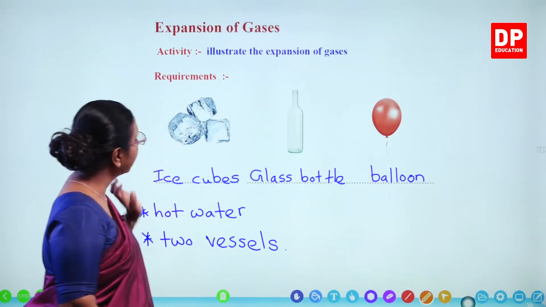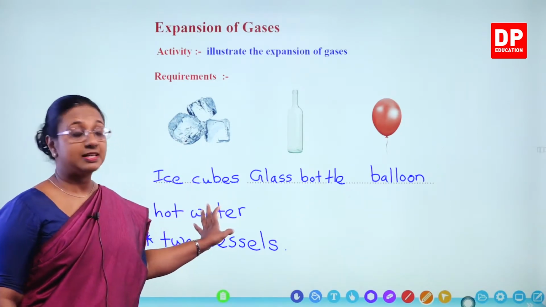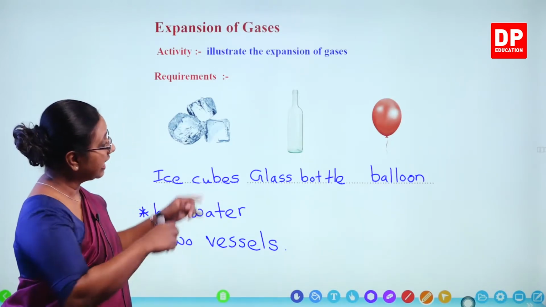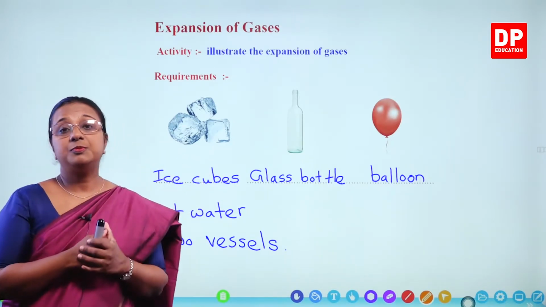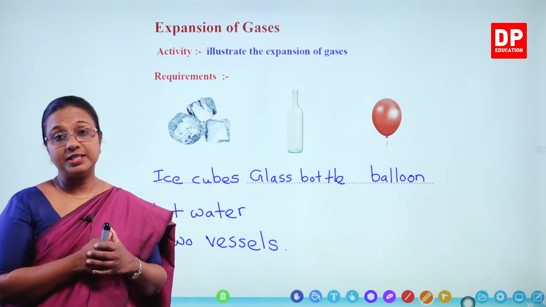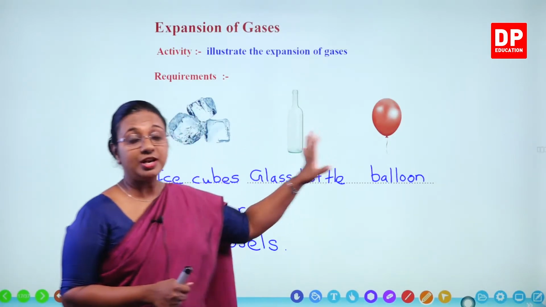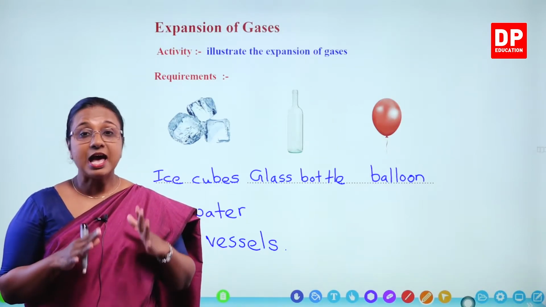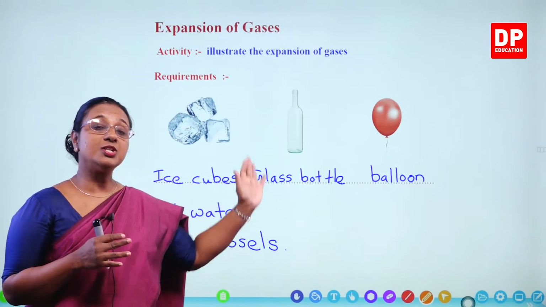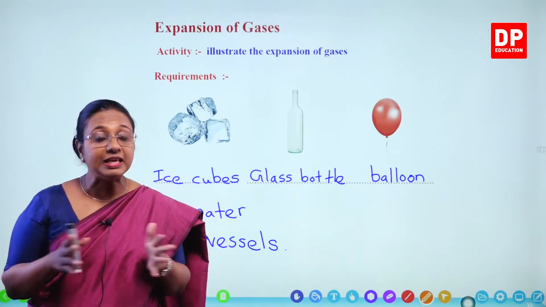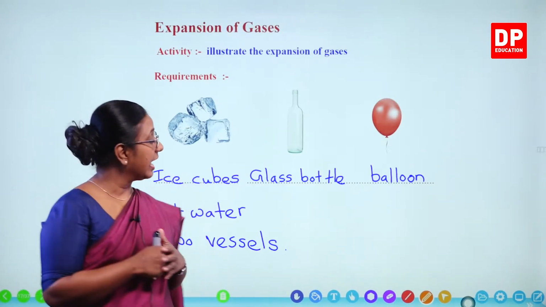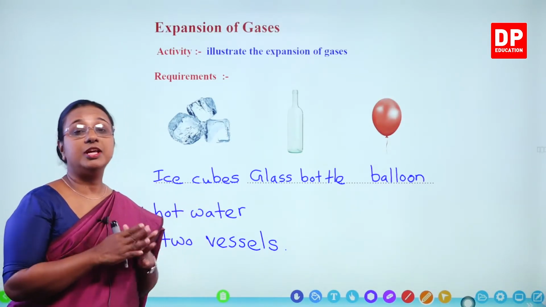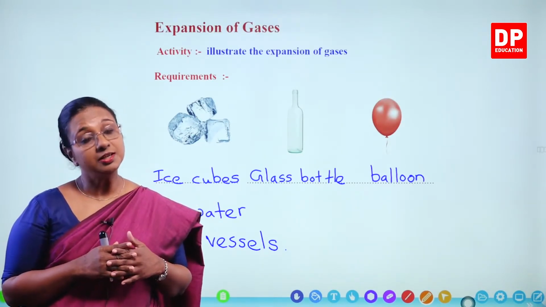Initially, we will take ice into a vessel and into that we will insert the glass bottle and then we put the balloon over the mouth of the glass bottle, and at that instance the balloon is not inflated. Thereafter, what we do is we transfer the glass bottle into an empty vessel and into that we will need to pour hot water, and then you need to observe what happens to the balloon.